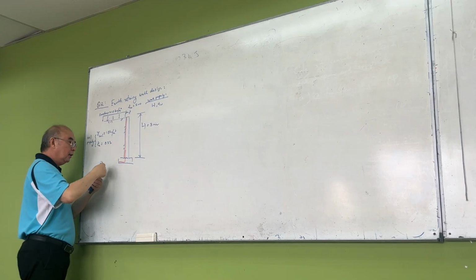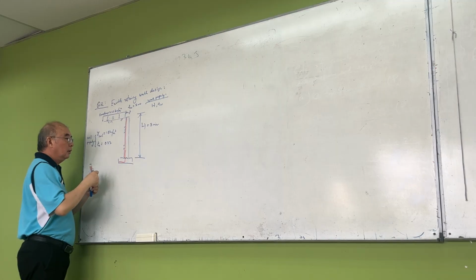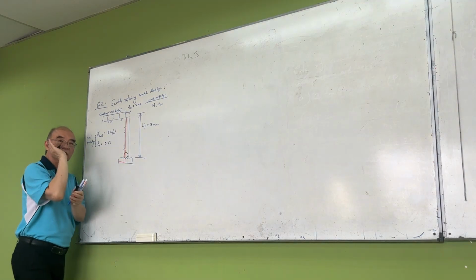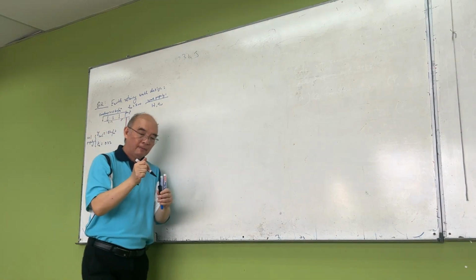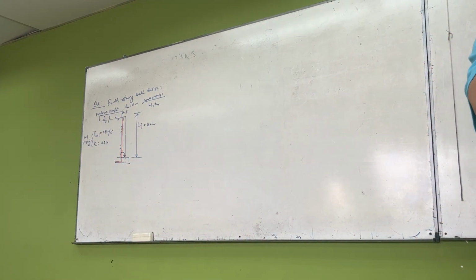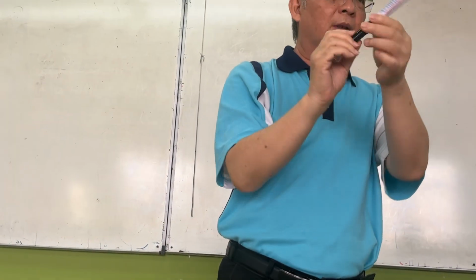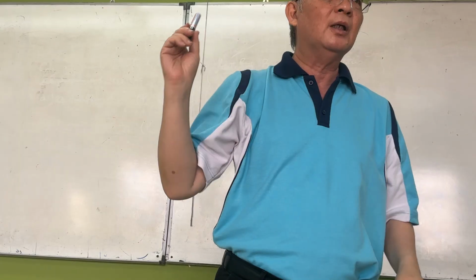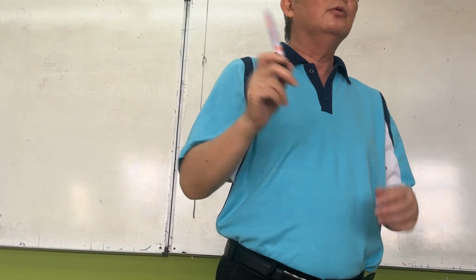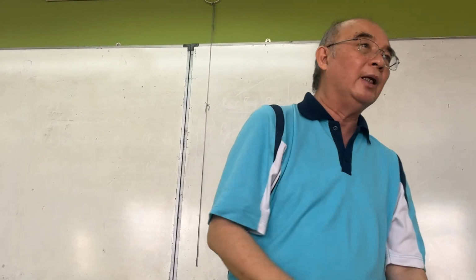Because it has a cantilever moment at the base. Let's say this is the wall, the soil is pushing it. That's why you have a bending moment at the base. So the starting point is the calculation of bending moment, but what is causing the bending moment must be the lateral load. So you start with the lateral load.